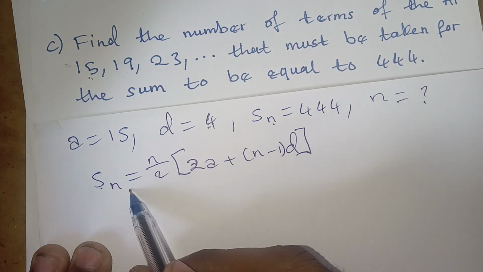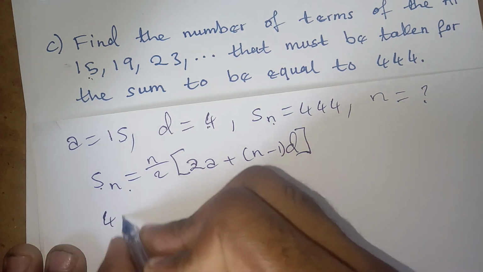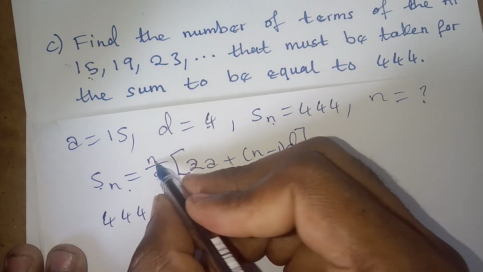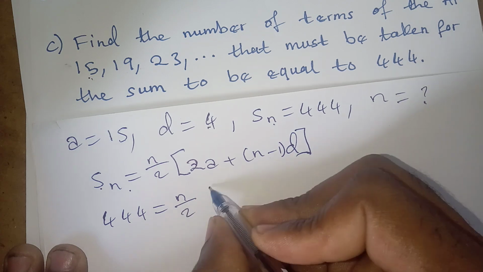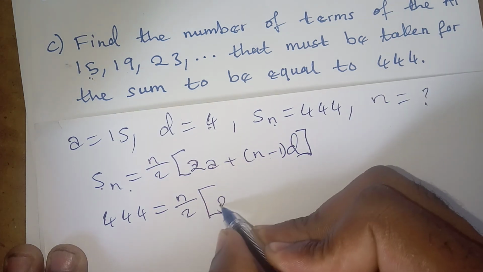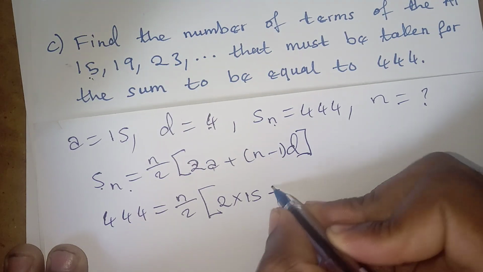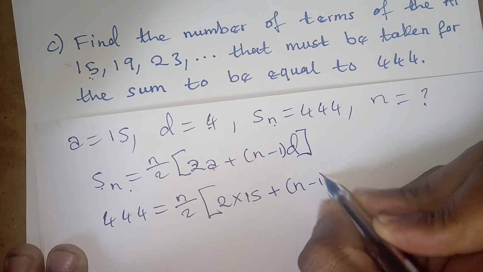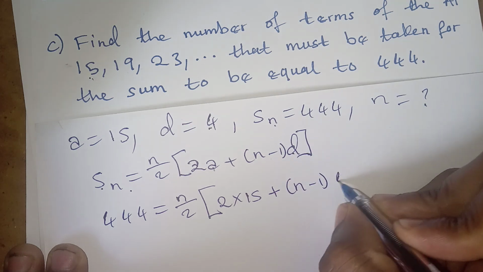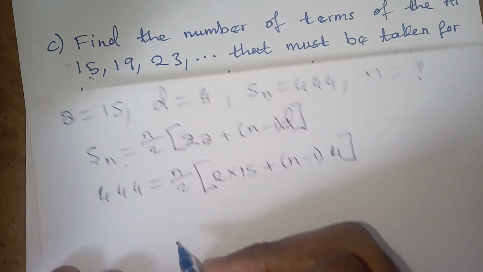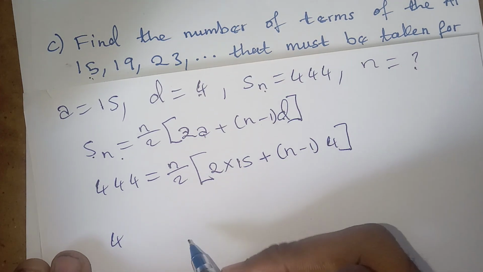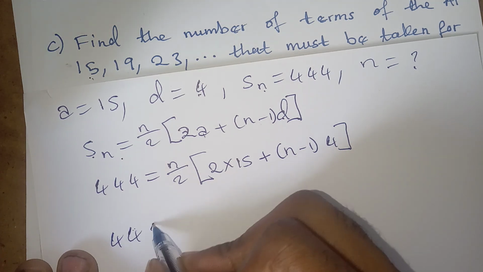So our n sub n is 444. Our n is unknown, and our a is 15, plus our n is still unknown, and our d is 4. So now we have 444.